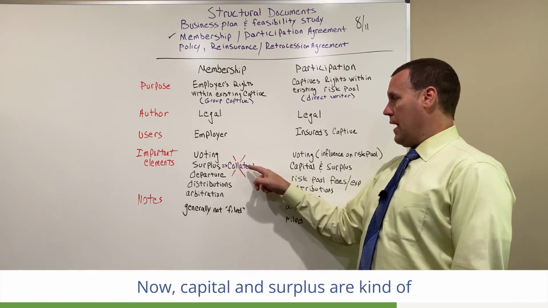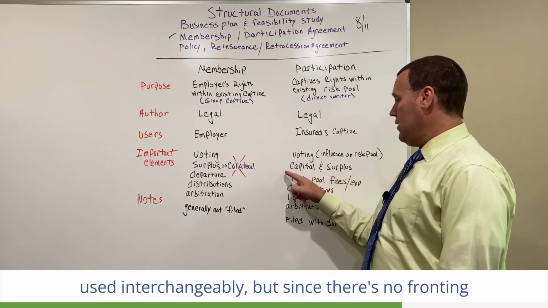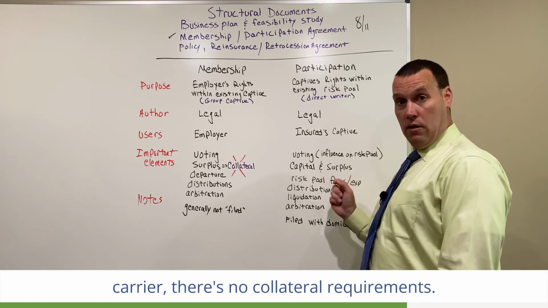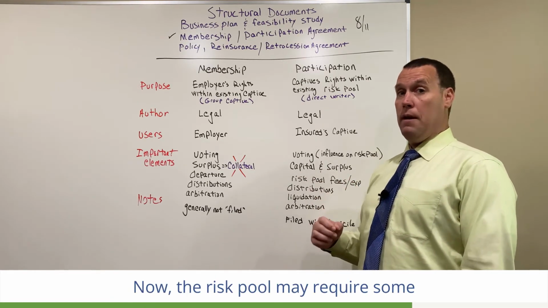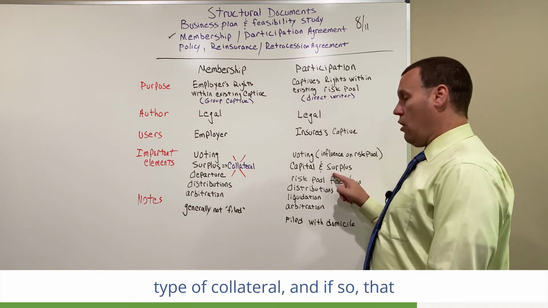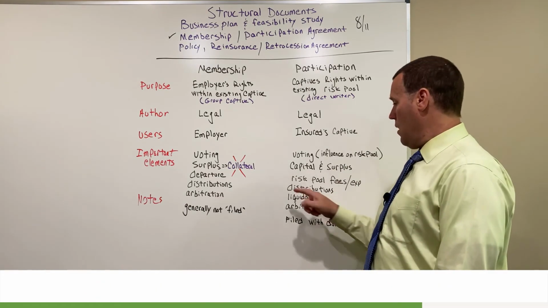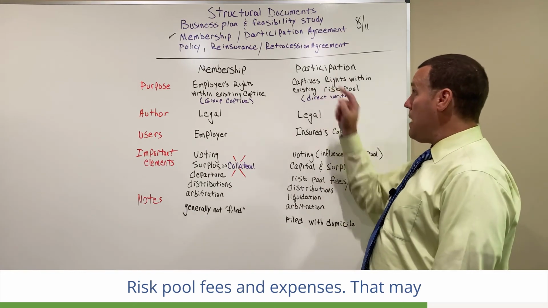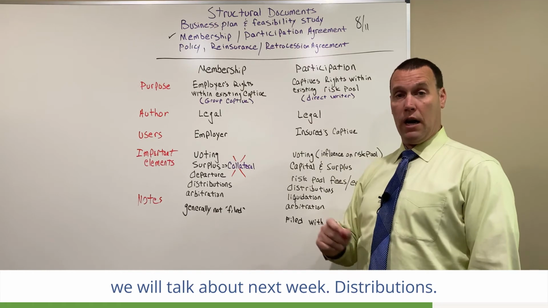Now, capital and surplus are kind of used interchangeably, but since there's no fronting carrier, there's no collateral requirements. Now, the risk pool may require some type of collateral, and if so, that will be expressed on the participation agreement. Risk pool fees and expenses may be in a participation agreement or may be in the reinsurance agreement we'll talk about next week.